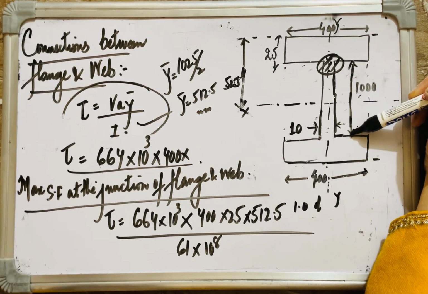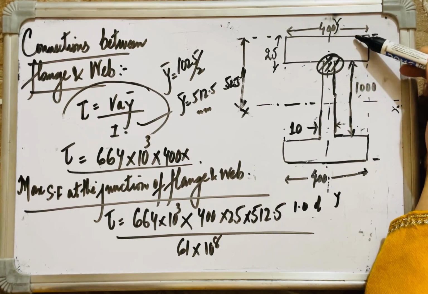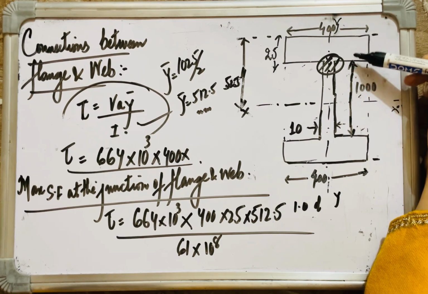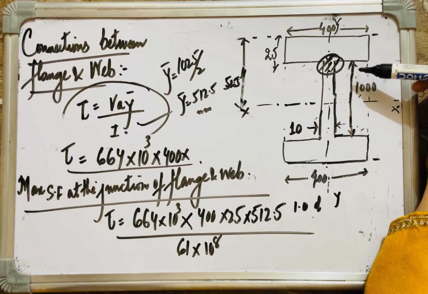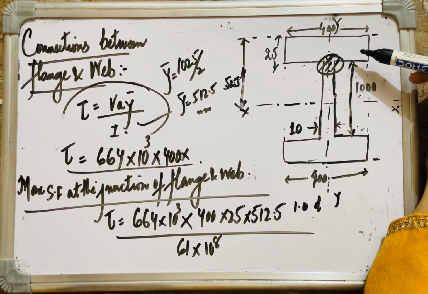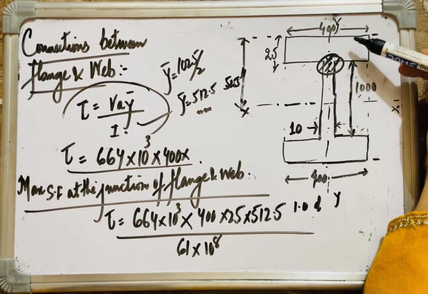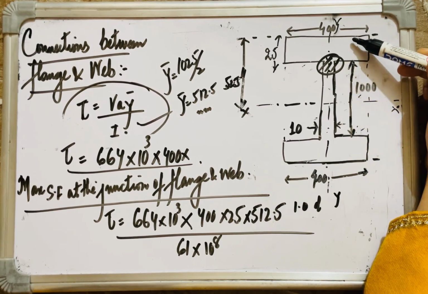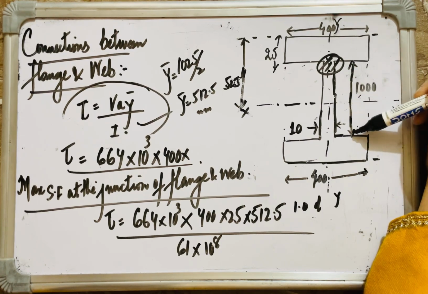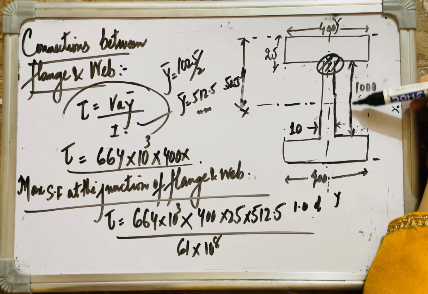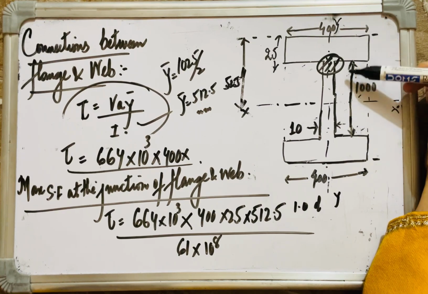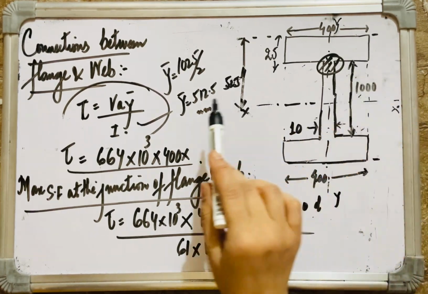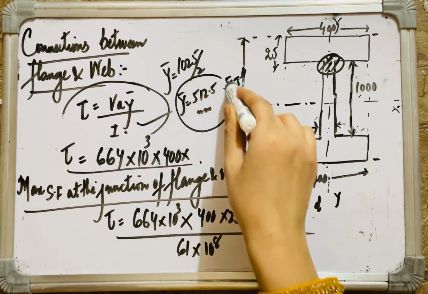This is the web, this is the flange. We are designing, or checking, the maximum shear force at the junction of the web and flange. So this is flange, this is web. How much is the total depth? 1025. This is 1000 and this is 25. We have to divide it by 2. That was 512.5.